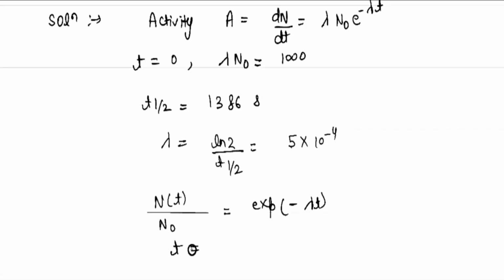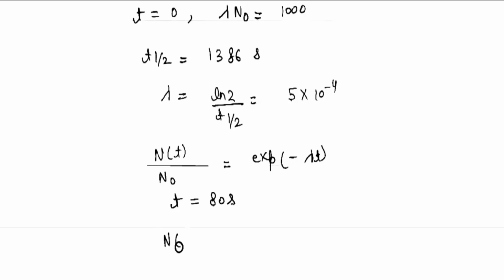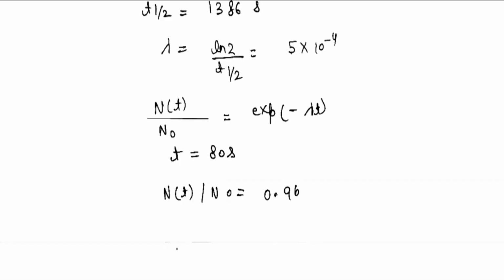So if we put t equals 80 seconds, as we have to give the fraction at 80 seconds, N(t) divided by N naught equals 0.96, and we can say the decayed amount equals 0.04, and this is 4% here, and this is the answer for this question.